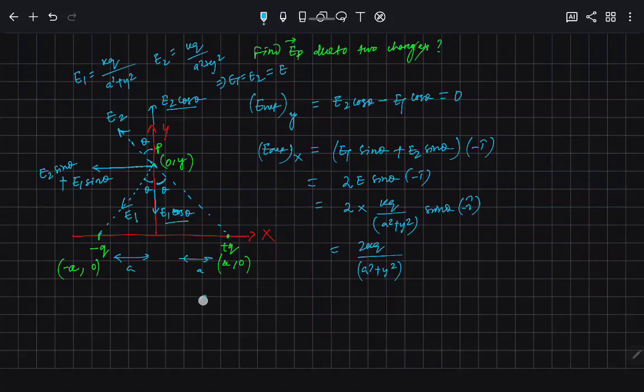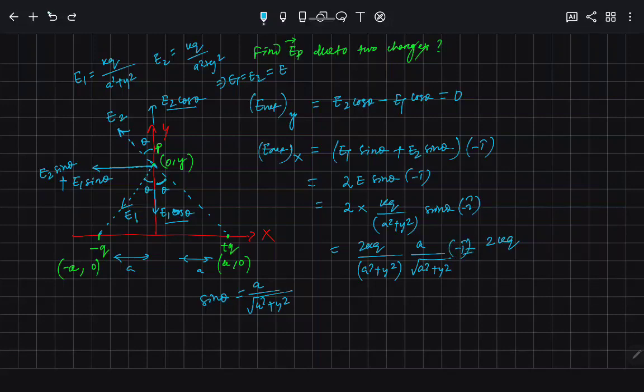Now see how much sin theta will be. Sin theta will obviously be a divided by the square root of a square plus y square. So you will get 2kq in the minus i cap direction, sorry, minus i cap.